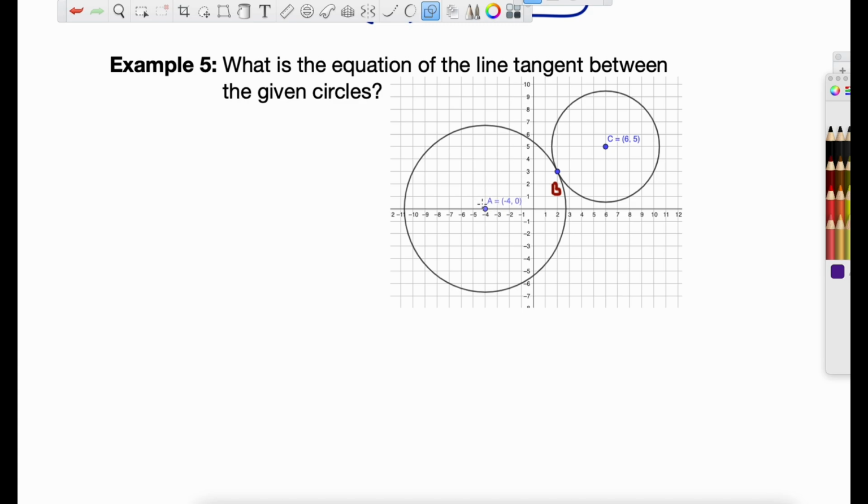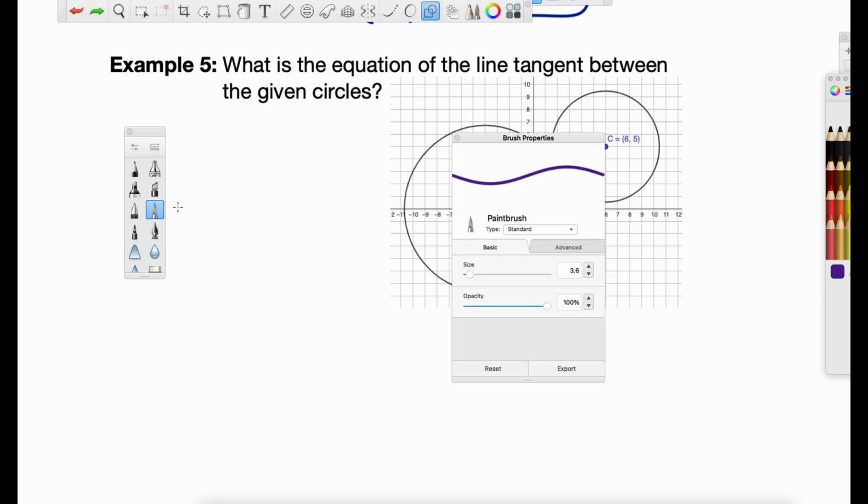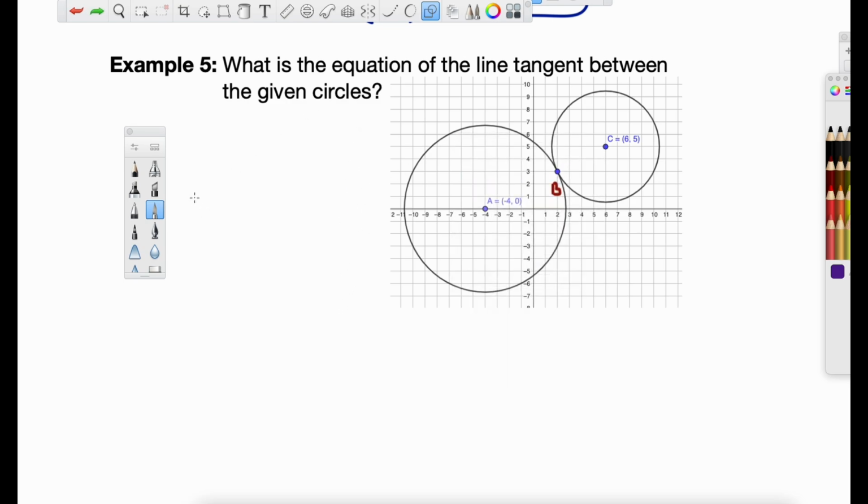So I'm going to draw a line segment from B to C, and it has to go through point B. It's pretty important that it does. I feel like my line's too thick now. Maybe a little bit bigger.